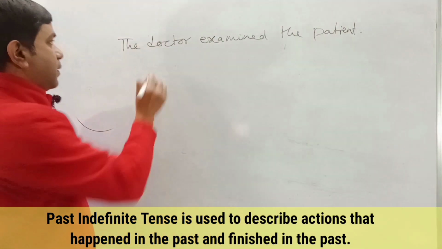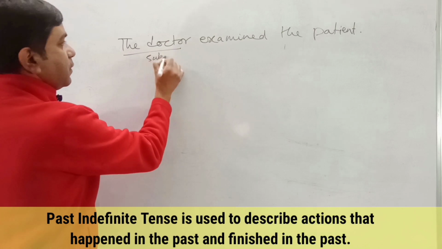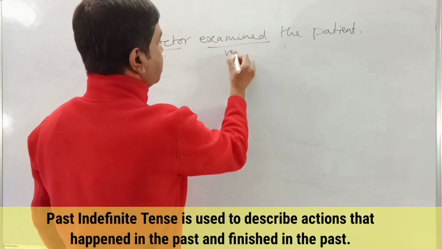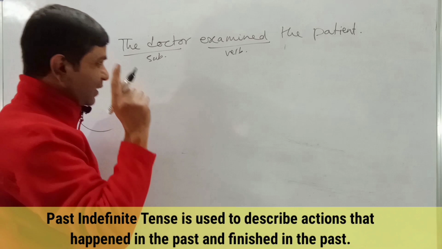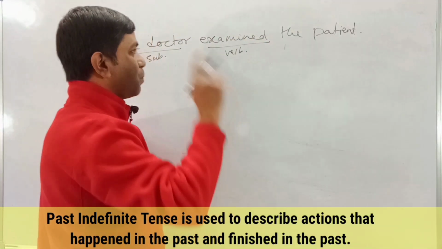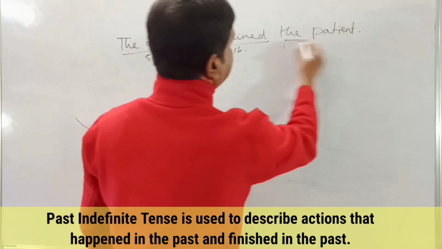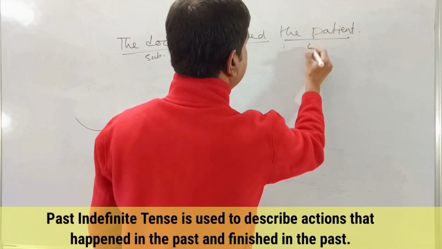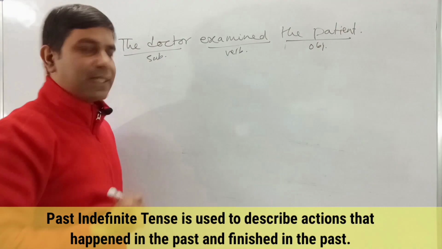The doctor is the subject. Examined is the verb. There is only one verb. That is the reason why it is indefinite, and it is in past tense, so past indefinite tense. And the patient is the object of the sentence.